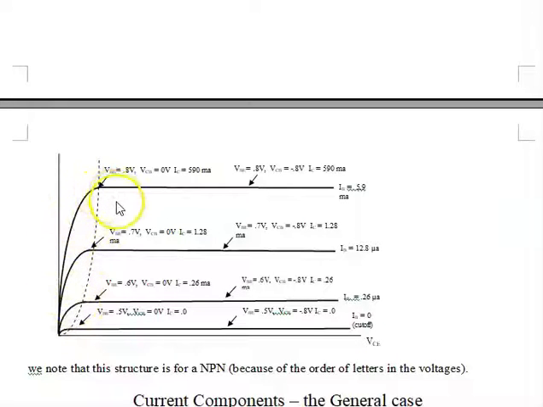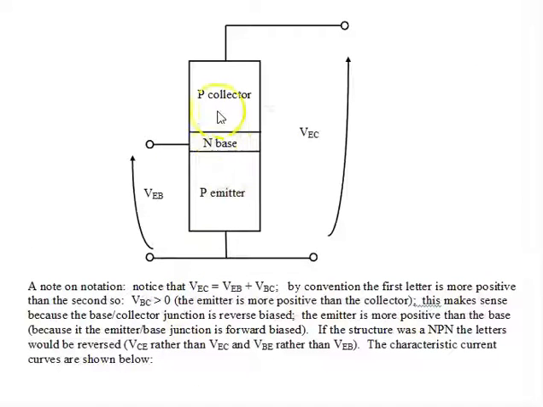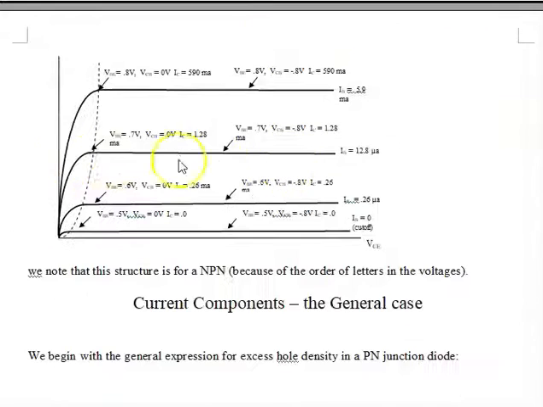However, after the bias at the base collector junction becomes more than a few hundred millivolts reverse bias, I lose that control of collector voltage versus collector current, and the collector current depends only on the forward bias at the base emitter junction, or the emitter base junction.